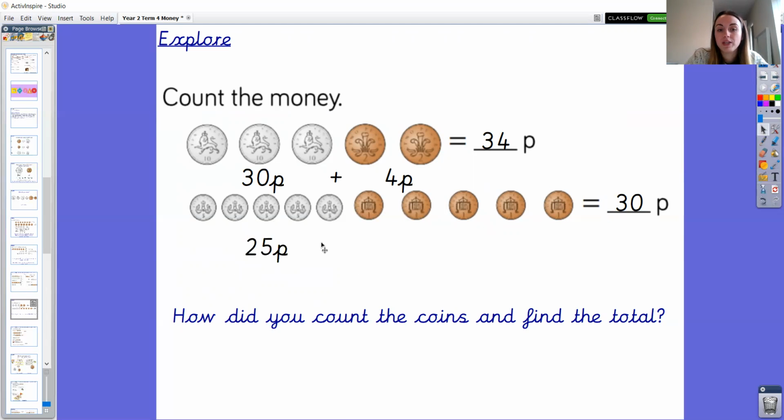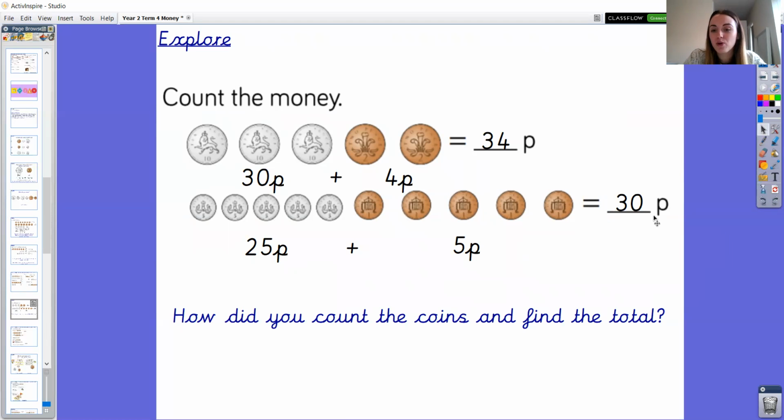Well done. The silver coins represent 25p. 5, 10, 15, 20, 25. Add the copper coins. 5 lots of 1p equals 5p. So 25p add 5p equals 30p altogether.